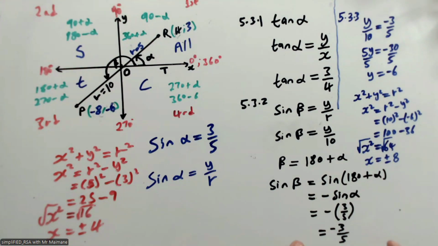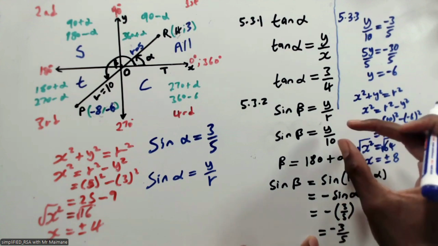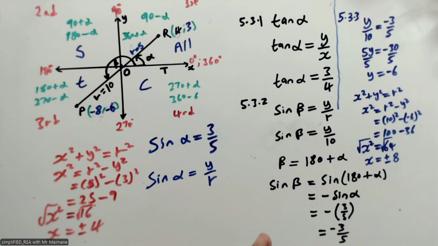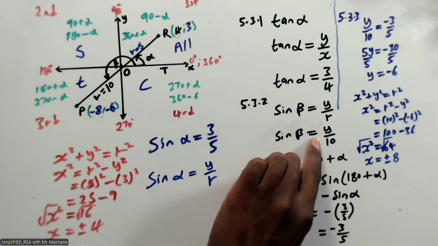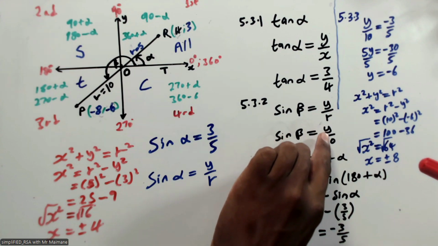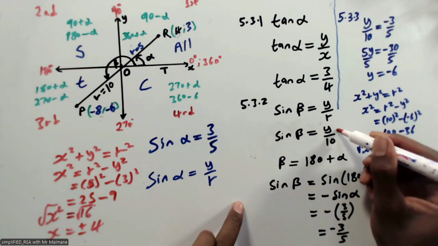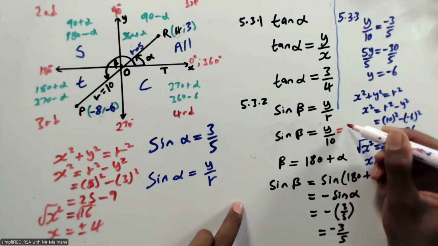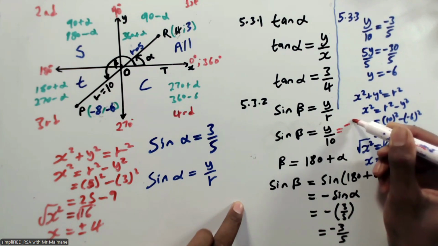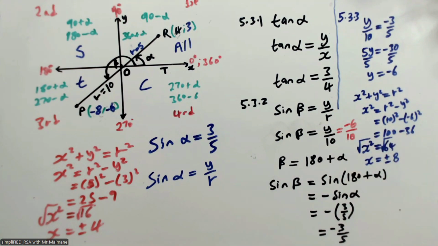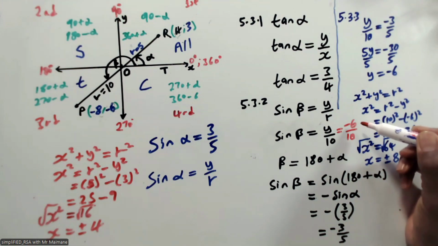And look at this. Now, someone may say, how does minus 3 over 5 relate to y over 10? In a perfect world, if I had to find sine beta using this, now that I know the value of y, it means that it would have been minus 6 over 10. And minus 6 over 10, trust me, you all see what is going on.